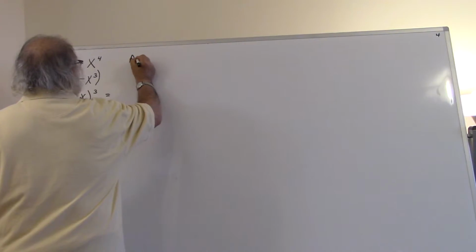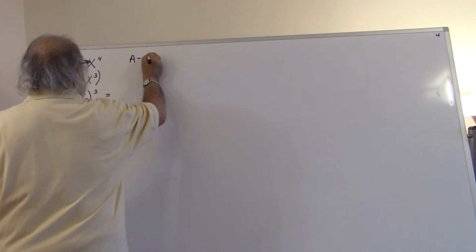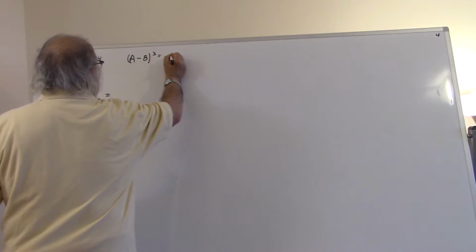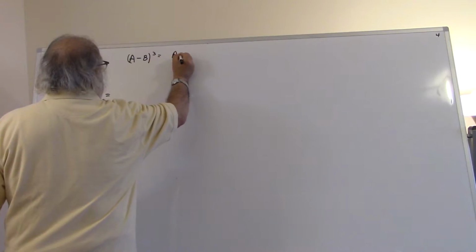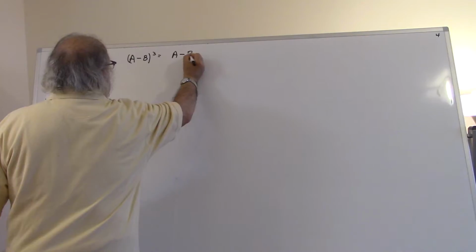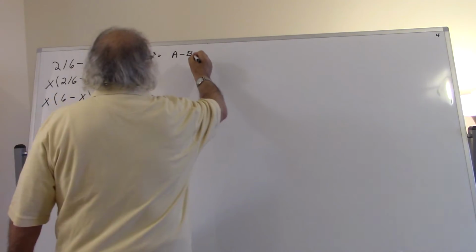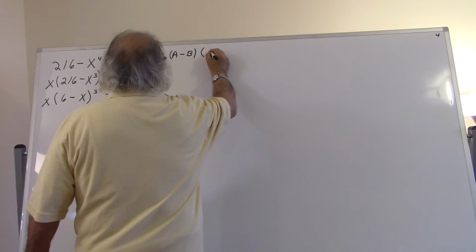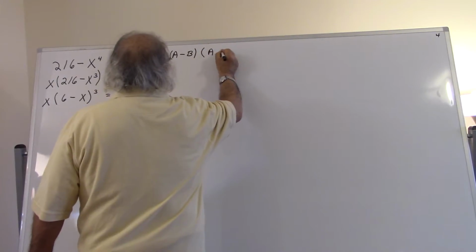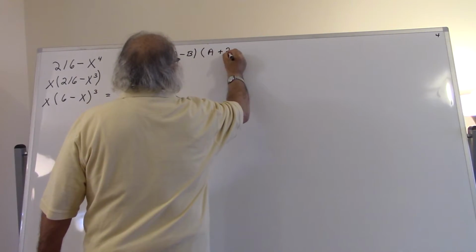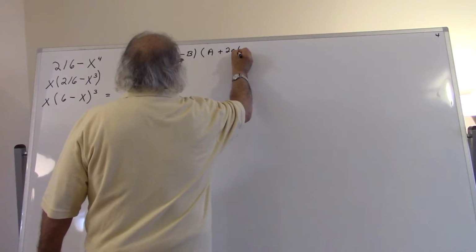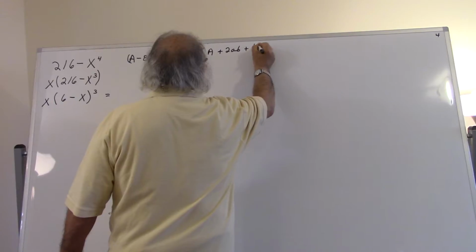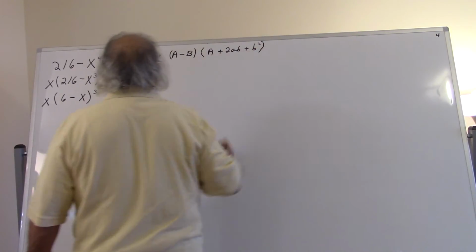Now, this equals a minus b to the third. This is your standard formula. It is a minus b, a squared plus 2ab plus b squared.